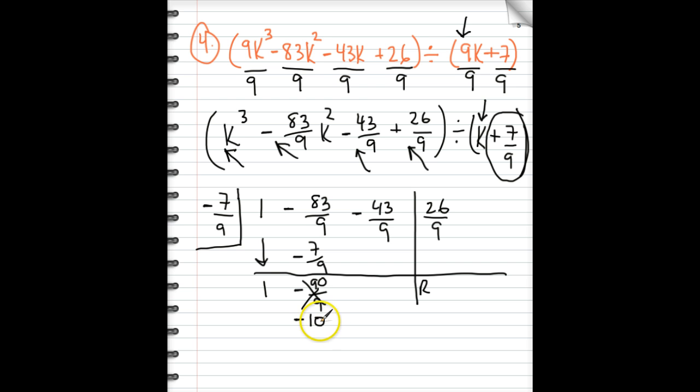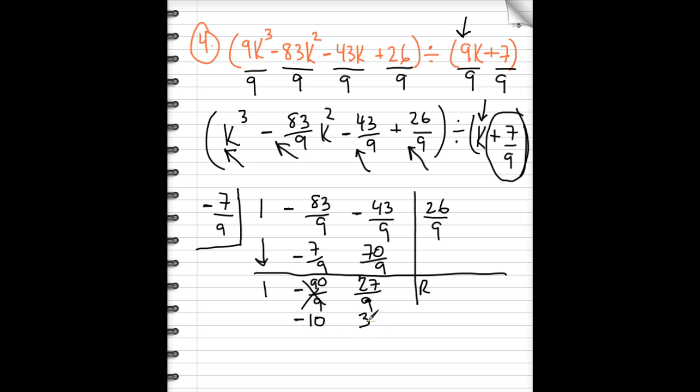Now we'll multiply that back. -10 times -7/9 is positive 70/9. When you add that, -43 takes away from positive 70. It leaves us with 27/9. Now that one comes out to a whole number because 27 divided by 9 is 3.